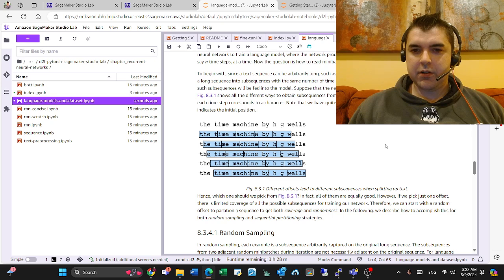Figure 8.1.3 shows the different ways to obtain subsequences from an original text sequence where n is 5, and a token at each time step corresponds to a character. Note that we have quite some freedom since we could pick an arbitrary offset that indicates the initial position.